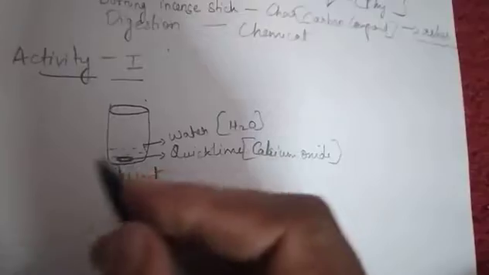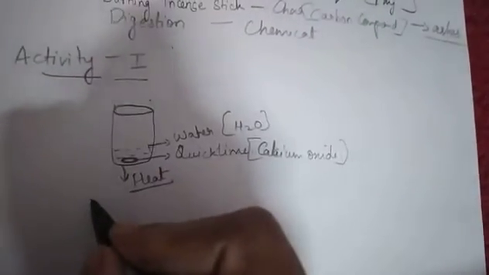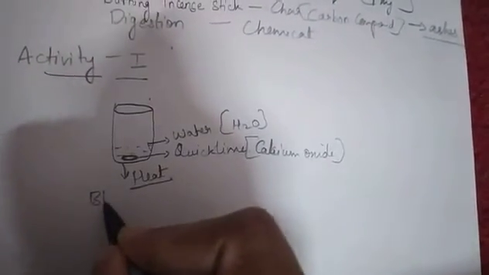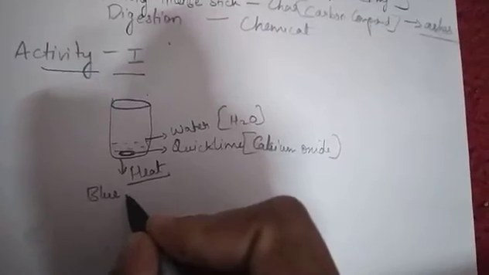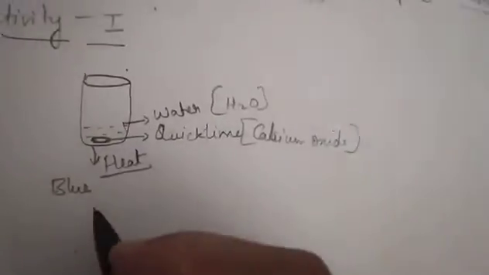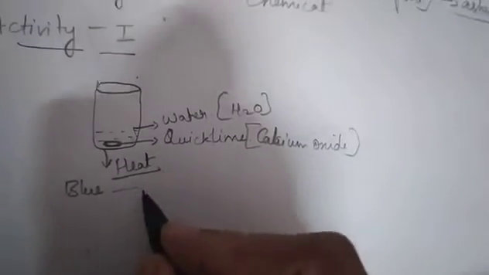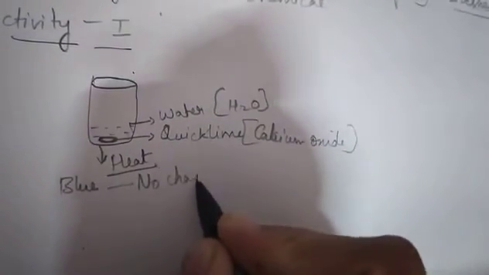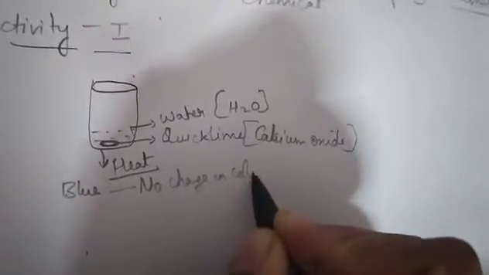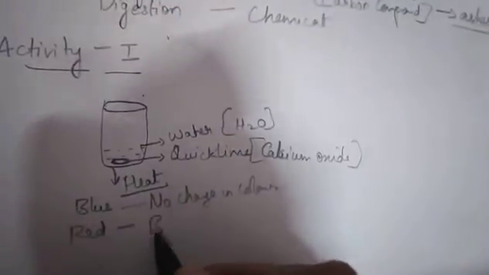Next, take litmus paper, blue litmus paper. When you dip the blue litmus into the solution, there is no change in color. When you take red litmus paper, it turns blue.